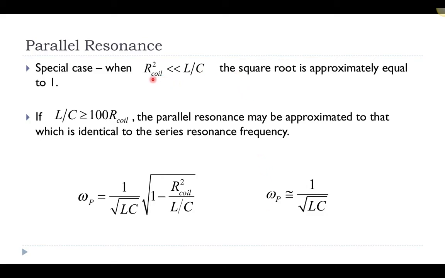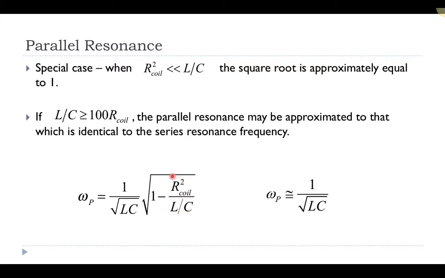So when that coil resistance squared is much, much less than the inductance over the capacitance, the square root is approximately equal to 1. If I look at the term under the square root, I have 1 minus the coil resistance squared over the ratio of the inductance to the capacitance.